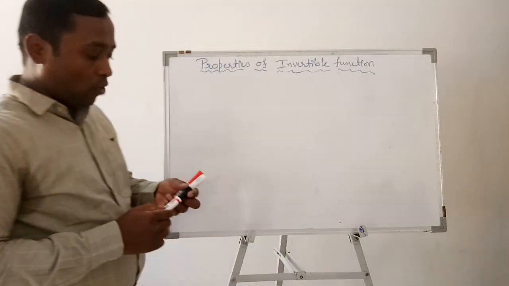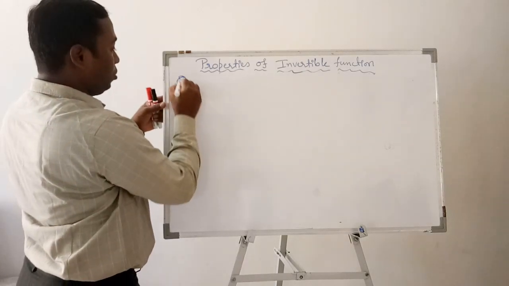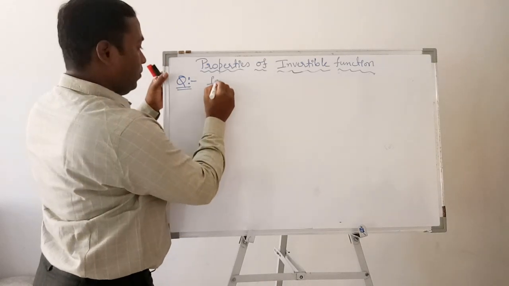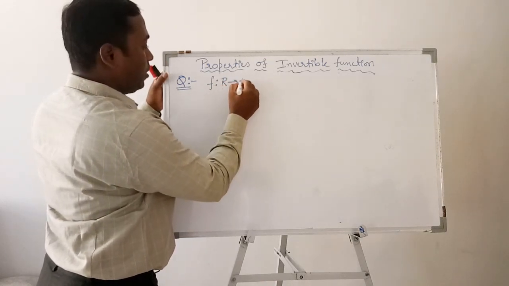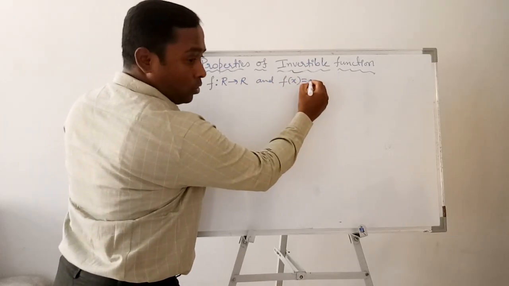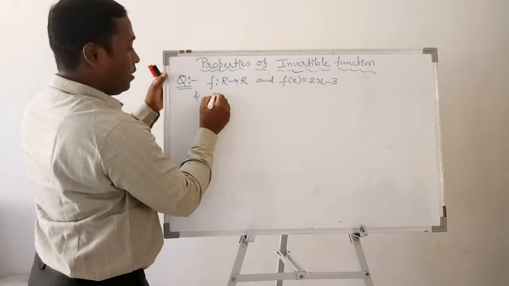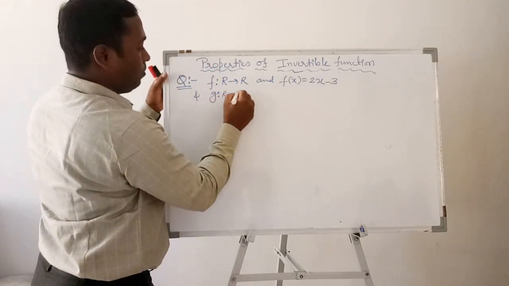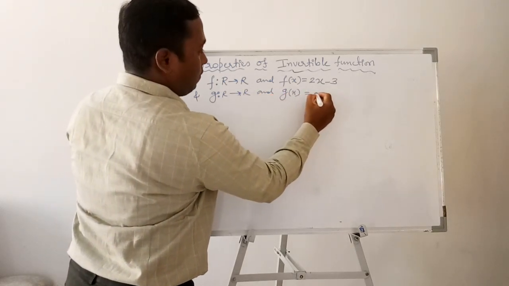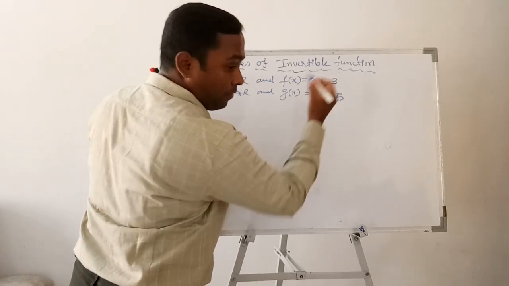Fine. So I am taking one question which has been asked in boards. Now see, the question is: f is a function defined from R to R, and f of x is equal to 2x minus 3, and g is also a function from R to R, and g of x is defined as x cube plus 5.